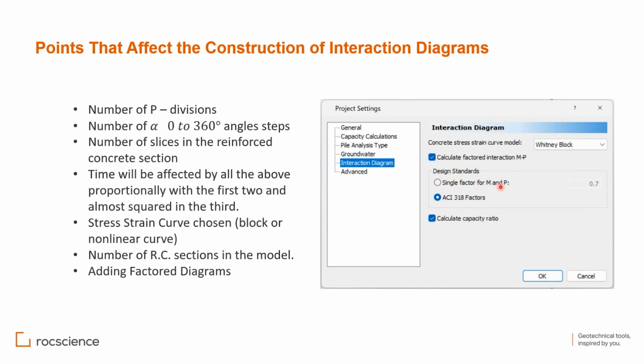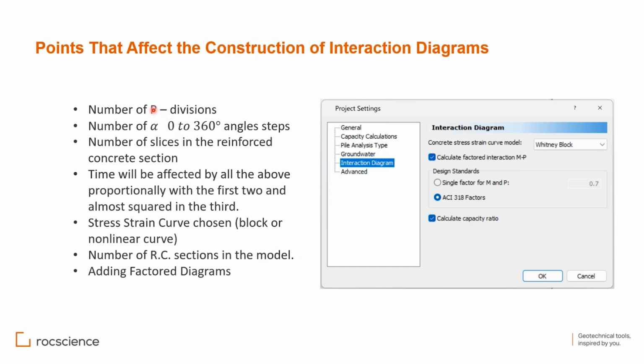Then you apply the factor to the unfactored moments and loads that you constructed the outer shell of the interaction diagram with. So you can apply a single factor. You put in your factor, whatever you want. Then there are the standard ACI 318 committee factors, this building code.